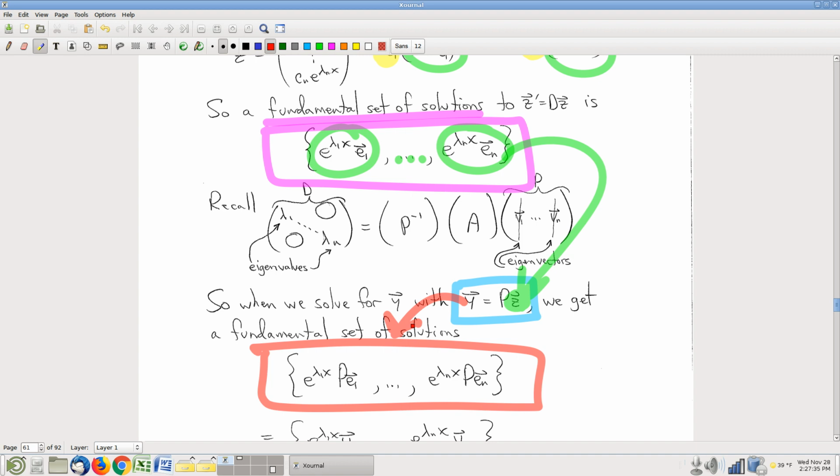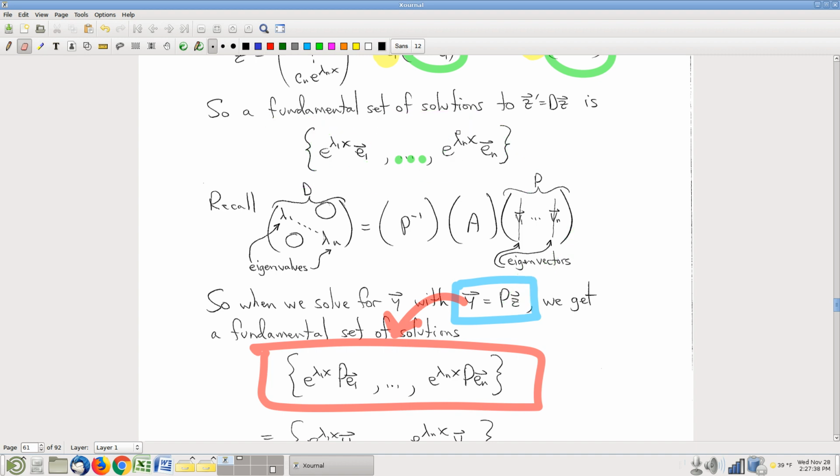And then a quick result from there. What is P e1, chapter 1 reference? If you're multiplying a matrix times a standard basis vector, you just pick out the corresponding column.